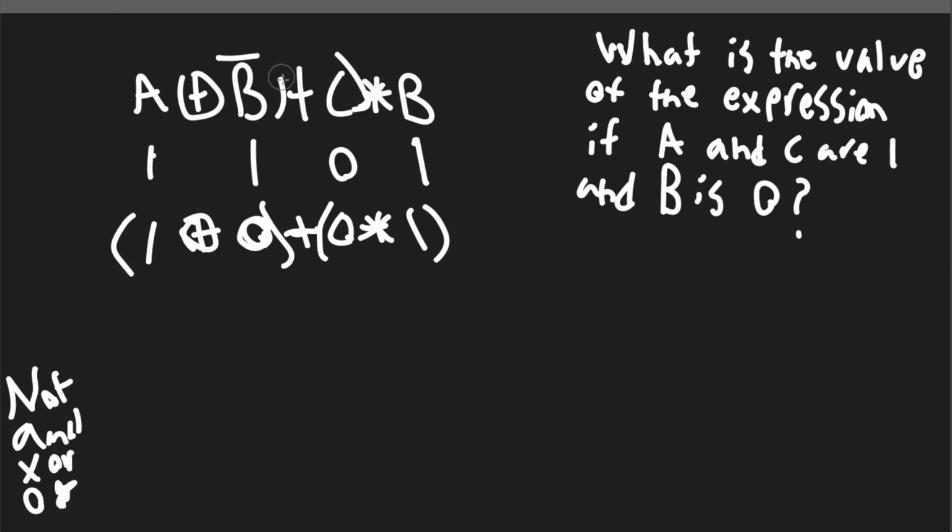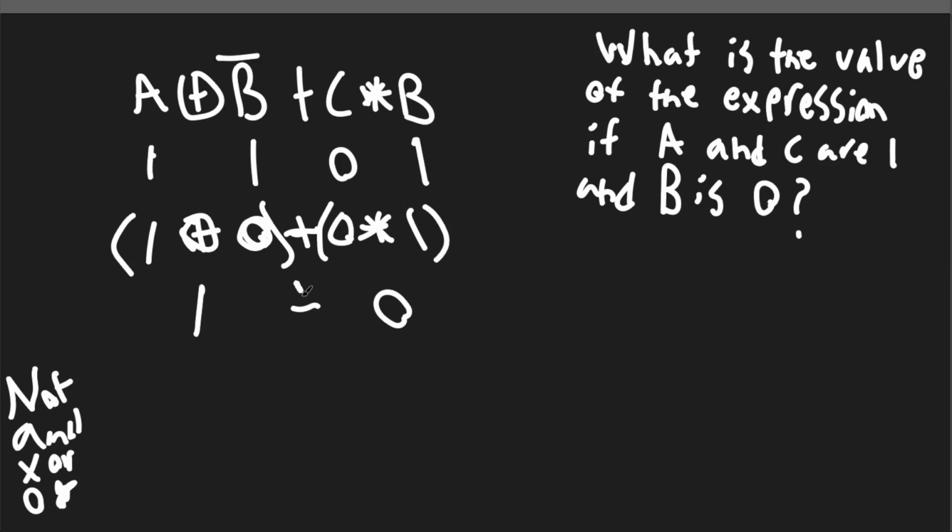And my eraser is going to end up cutting out part of this because I made it too big. Alright, that's good enough. So you have 1 XOR 0, and 1 XOR 0 is 1. And then you have 0 and 1, that's going to end up as 0. Now remember that 0 times 1 equals 0. Okay?